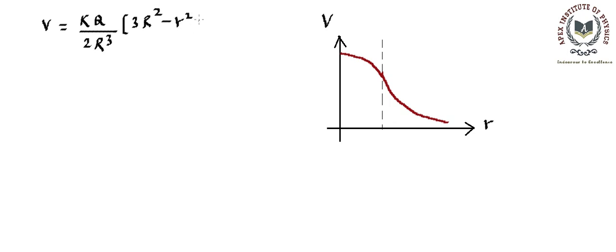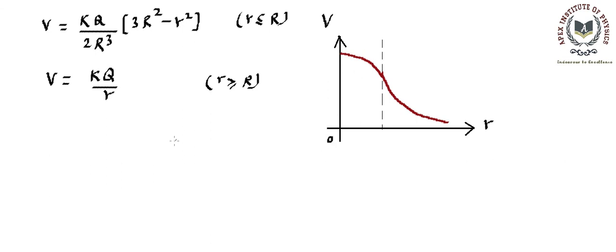This is for those points inside the sphere, that means r is less than or equal to capital R, and V is equal to kq upon r for all those points outside the solid sphere. And here is the graphical representation.